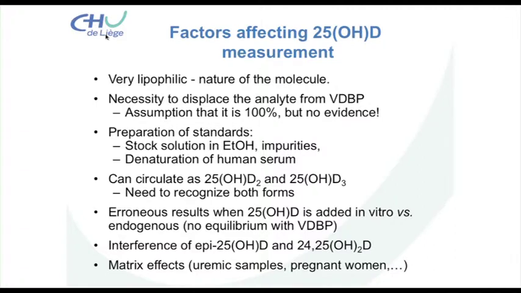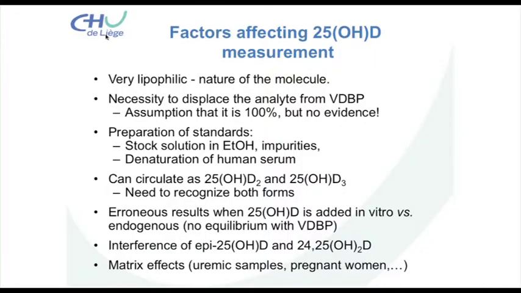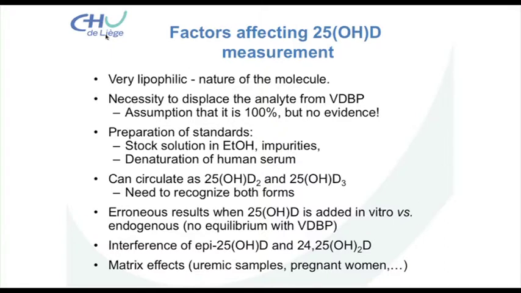It circulates as D2 and D3, 25-OH-D2 and 25-OH-D3, and of course you need to recognize both forms. This is very important. If you are running in non-equilibrium states, you don't have a good equilibrium between the antibody and the vitamin D, so it's quite complicated to have good results.